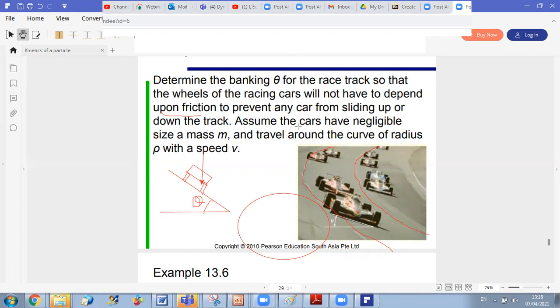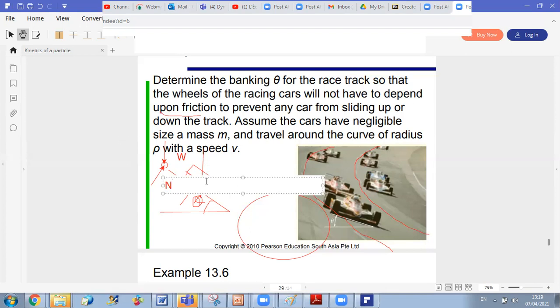Here they told us to neglect the size, so we will treat the car as a particle. This particle is subjected to a weight and to a normal. The normal is the resultant: at the wheel level you have the normal, but you can replace it by a resultant force since we are neglecting size. So here I will just put N. I will model my system as a particle subjected to two forces, the weight and the normal reaction.